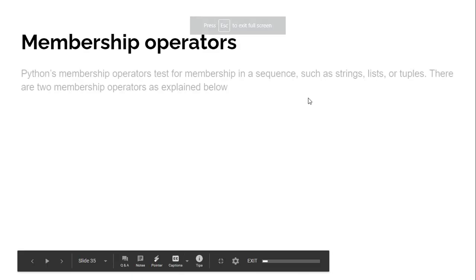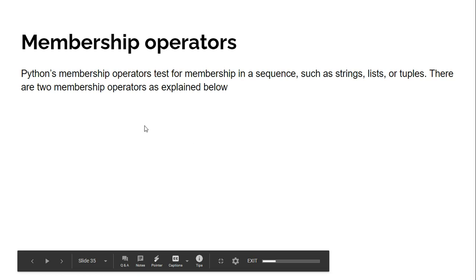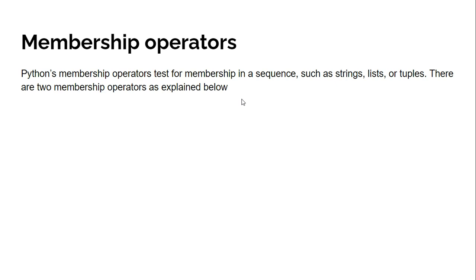Okay, now we are going to membership operators. What does a membership operator do? Python's membership operators test for membership in a sequence. A sequence is a data type that stores a couple of values. Currently we are working with only single values, but a sequence will have arrays of values.